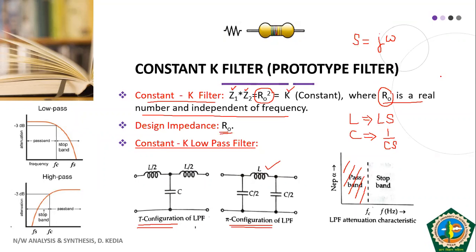So if you substitute S equal to j omega, then your inductor is represented like this. The impedance of the inductor is j omega L. Similarly, your capacitor can be represented as 1 by j omega C. Omega is nothing but 2 pi f.